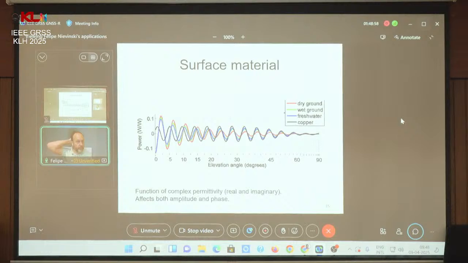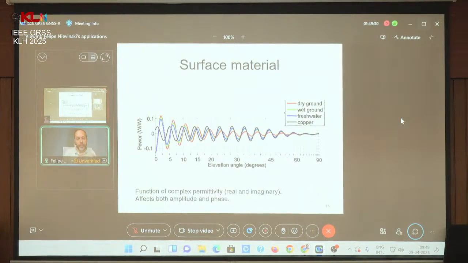And now for the response of the surface material, here is a simulation where I changed between dry soil, wet soil, fresh water, and copper, the dampest surface. The antenna height is the same, the surface roughness is the same, the antenna gain pattern is the same, everything is the same except the material composition.